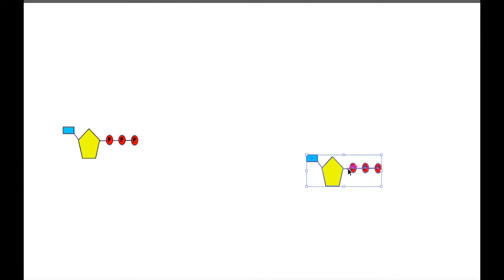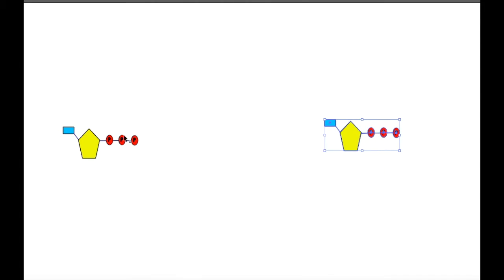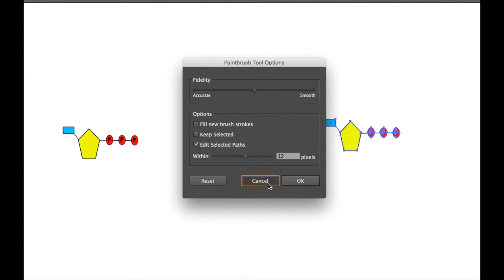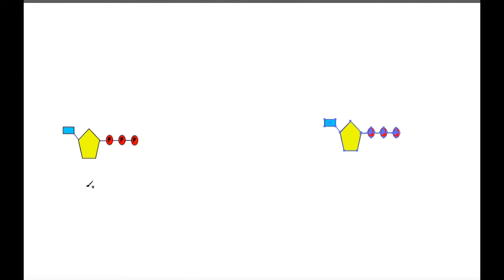So we've got our ATP here, and when this energy gets released, we're going to have in this corner the ADP.